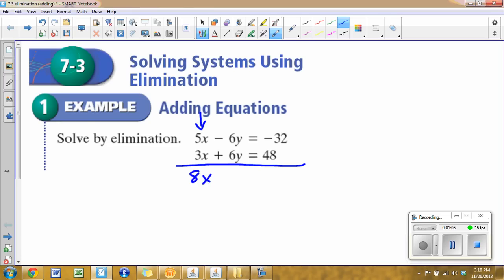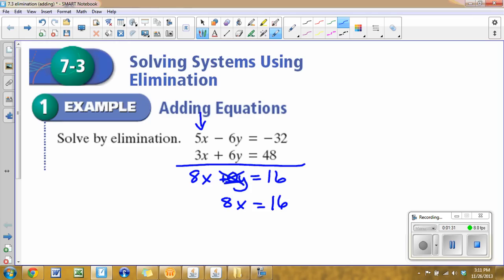Negative 6y plus 6y is actually 0y. And then my constants on the other side, negative 32 and positive 48 is going to be a positive 16. Notice I have 0y, so I don't really need that at all. What I end up with here is 8x equals 16.